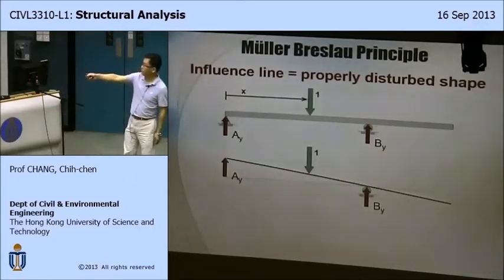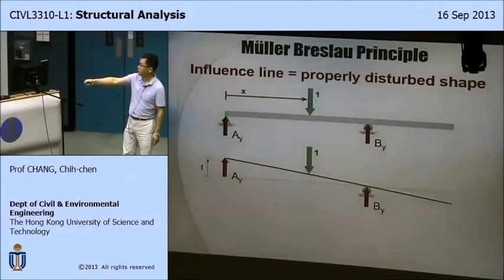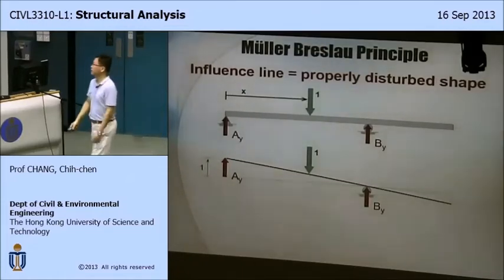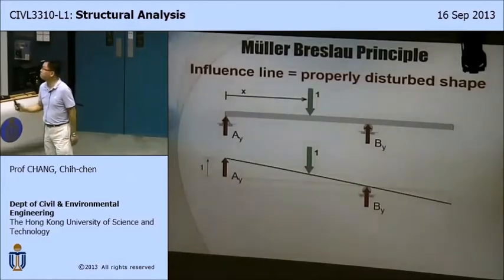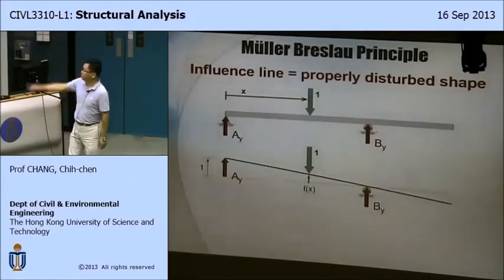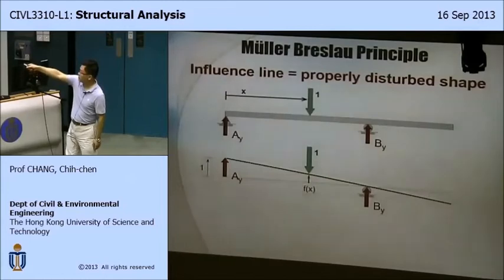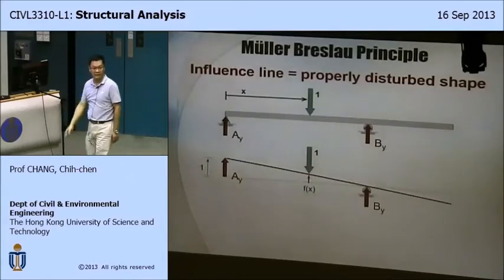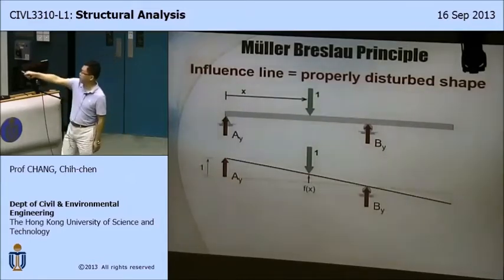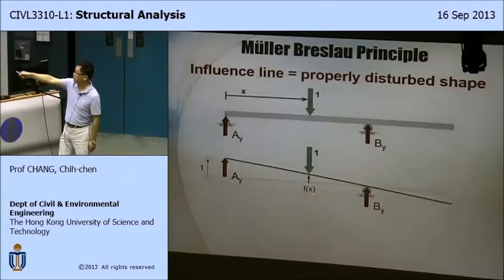Okay, so I say that I want to disturb point A by 1 unit. And then calculate the virtual work. The deformed shape, 1 unit there, creates a profile. I describe this profile as f(x), where x means the location of that point.